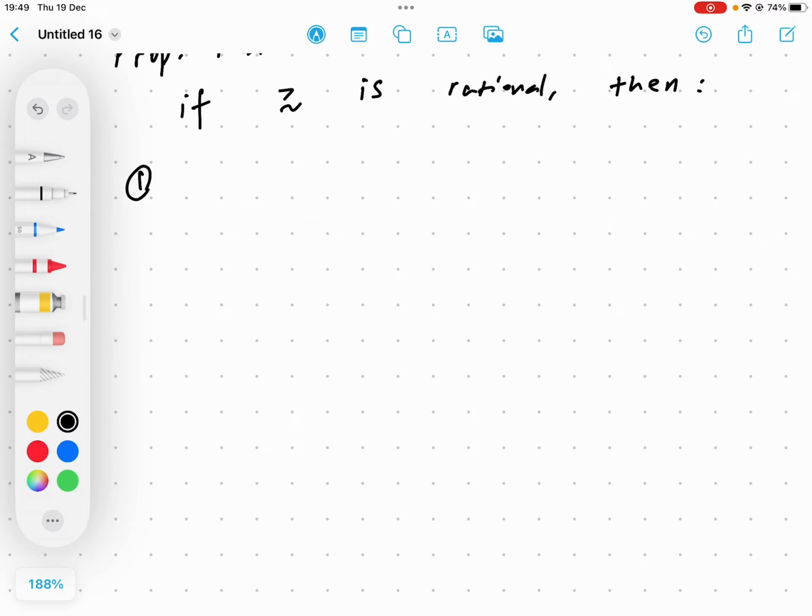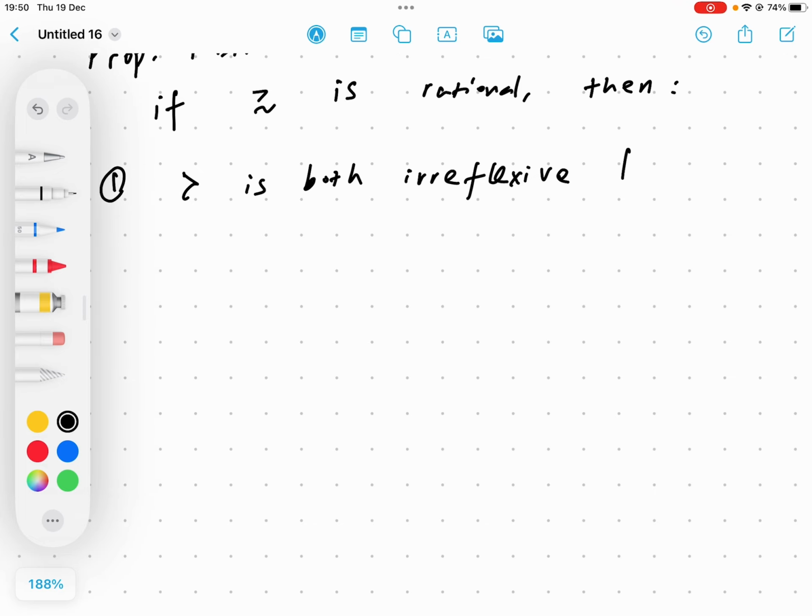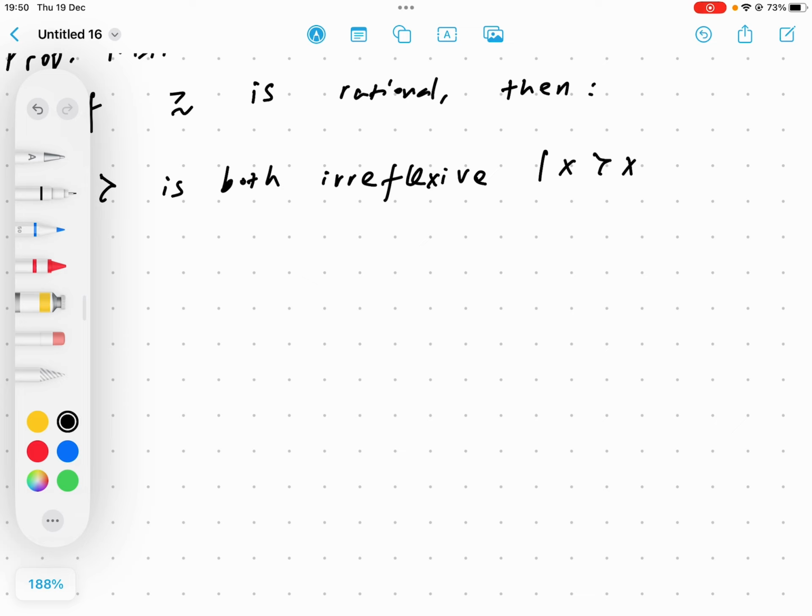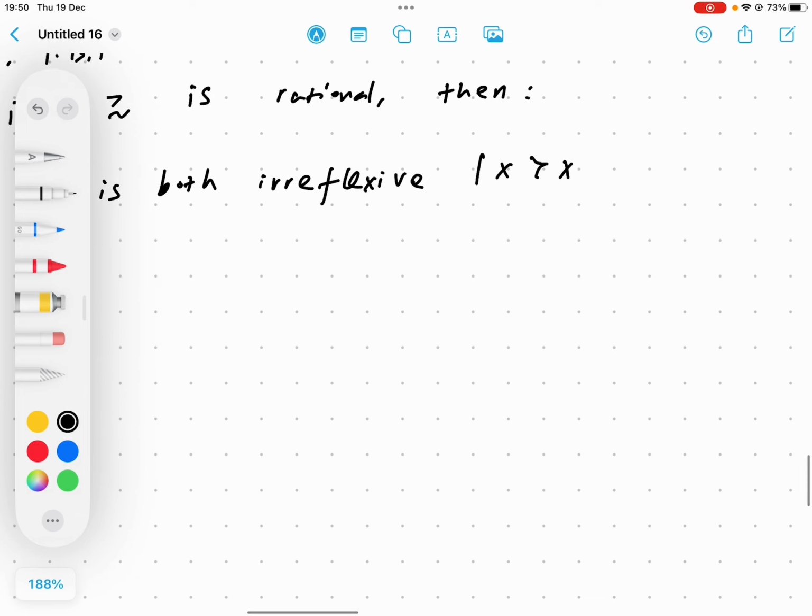The first one: if that's rational, then strict preference is both irreflexive and transitive. Irreflexive means that x cannot be strictly preferred to x itself, so this never holds.